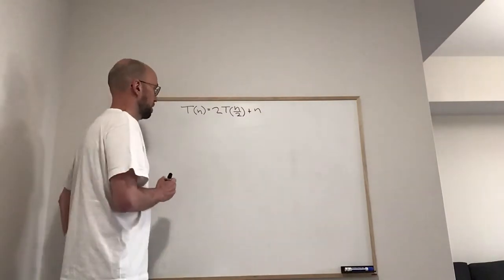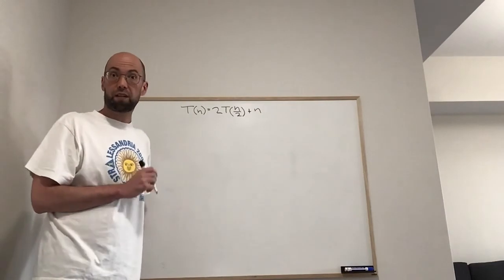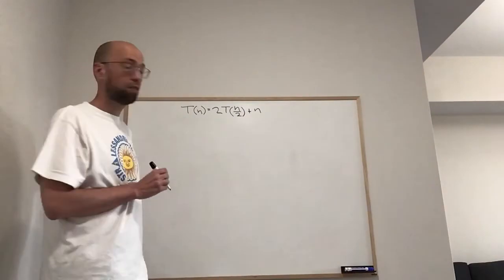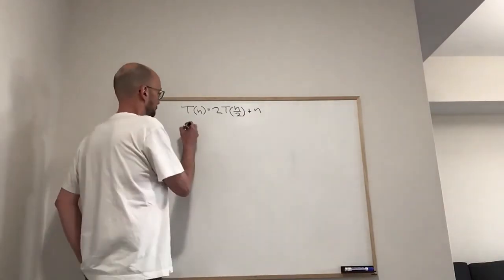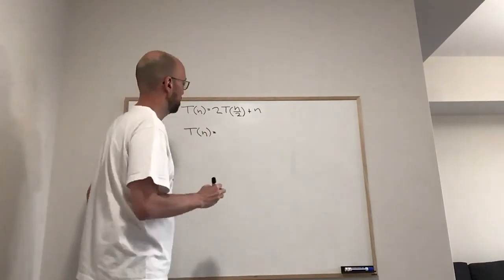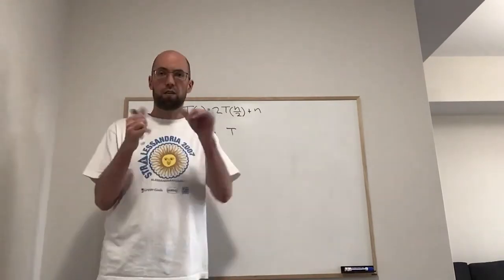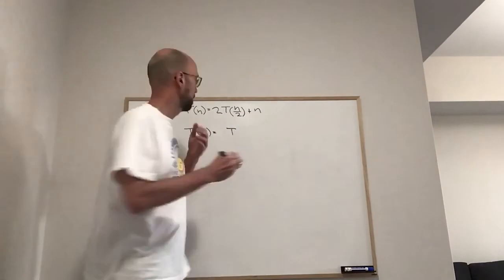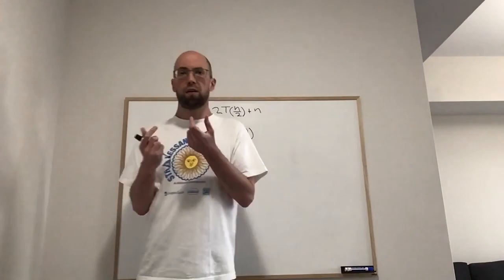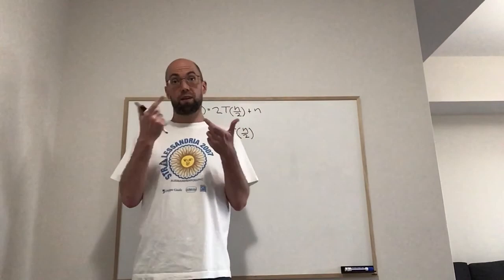Let's not talk about quicksort. I'm going to talk about that in sorting. Let's talk about Karatsuba's algorithm, right? Where we do T(n) equals, well, we divide it into parts of size n over 2, but now we start out with a multiplication of an n-digit number and an n-digit number.